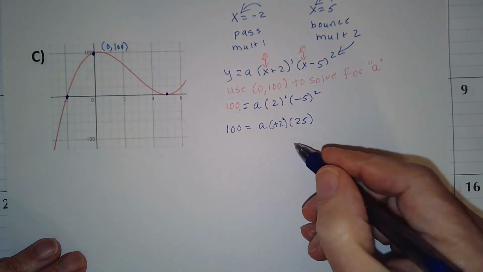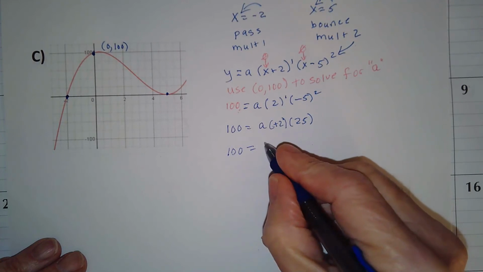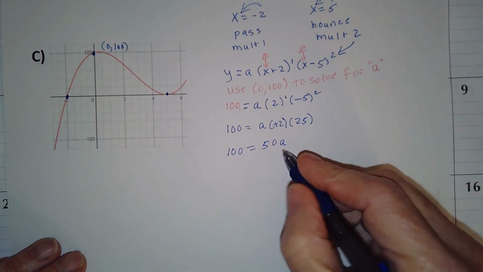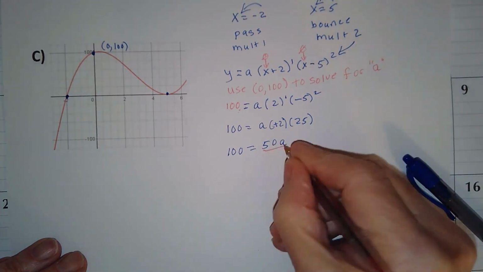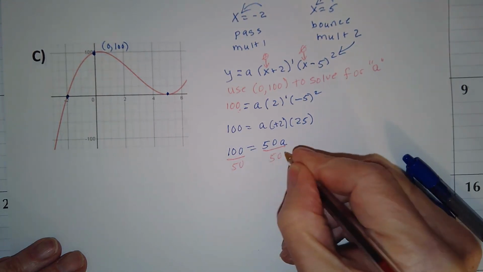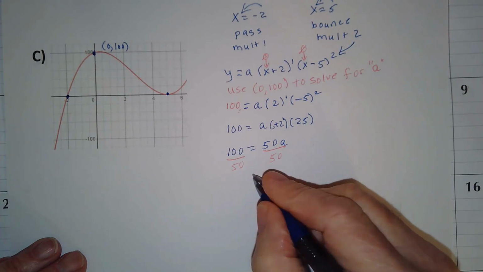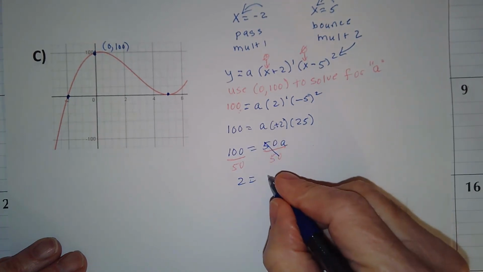All right, 2 times 25 is 50. So we get 100 equals 50a. And then we're going to divide by 50. So divide by 50 here and here. And when we divide 100 by 50, that's 2. And 2 equals, this cancels, a.